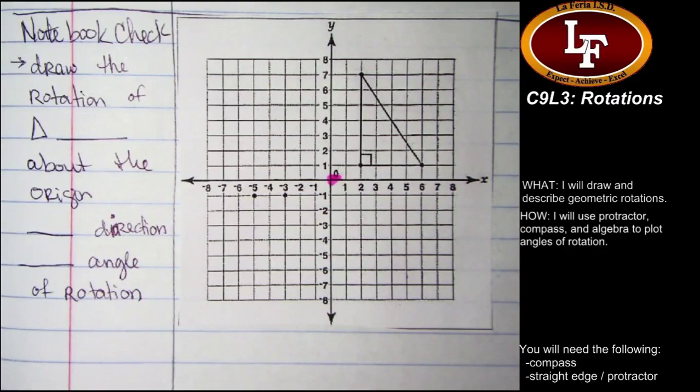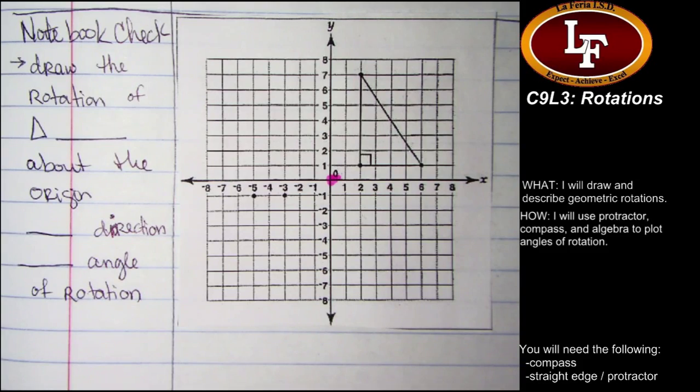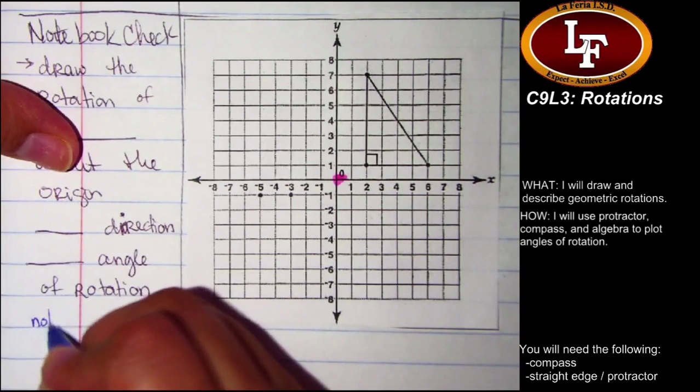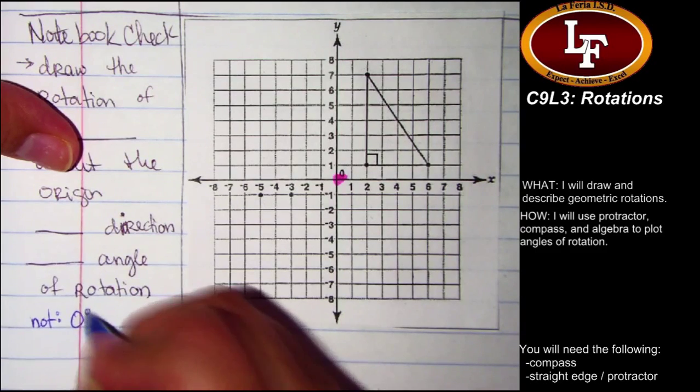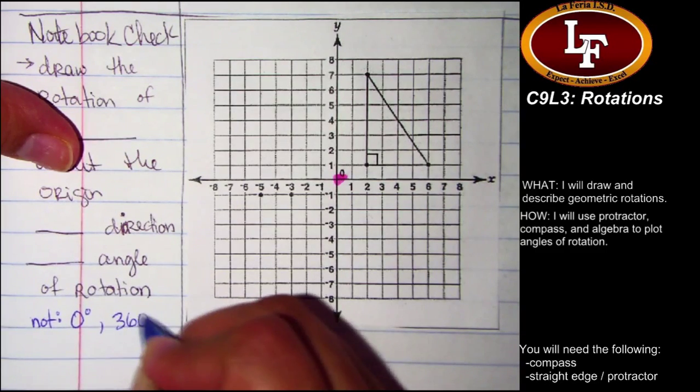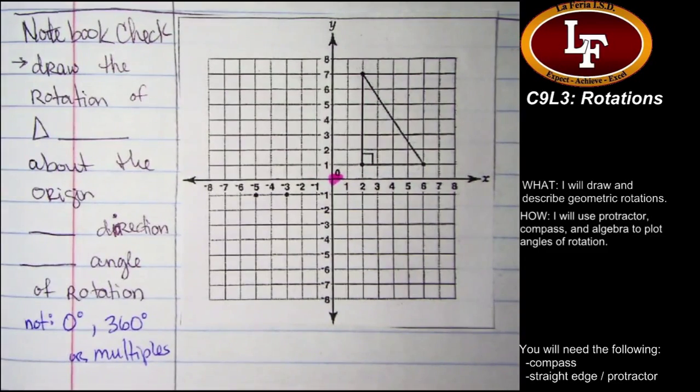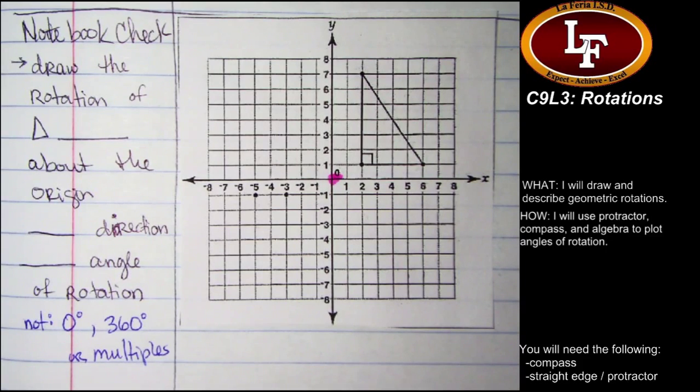Could we repeat the rotation of one of the three that we did right now? Yes. The only restrictions that I'm going to place on your angles of rotation is they may not be 0 or any multiple of 360, because those don't do anything.